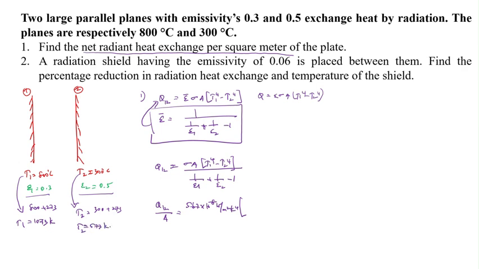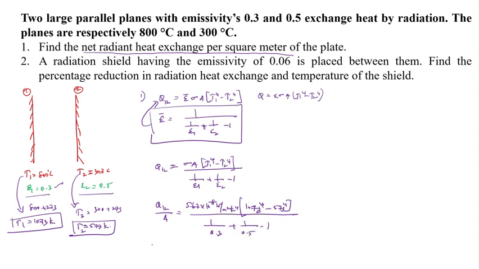So we substitute the temperatures in Kelvin into this equation: 1073 to the power 4 minus 573 to the power 4 divided by 1 by 0.3 plus 1 divided by 0.5 minus 1.